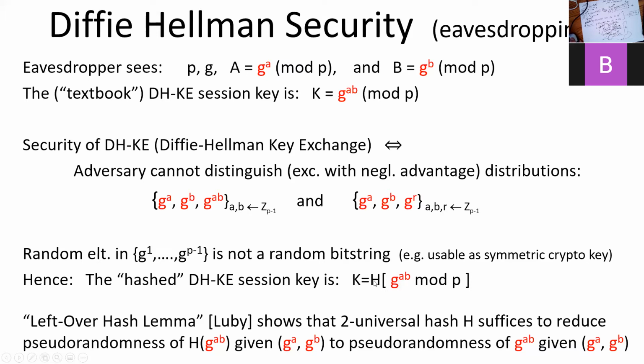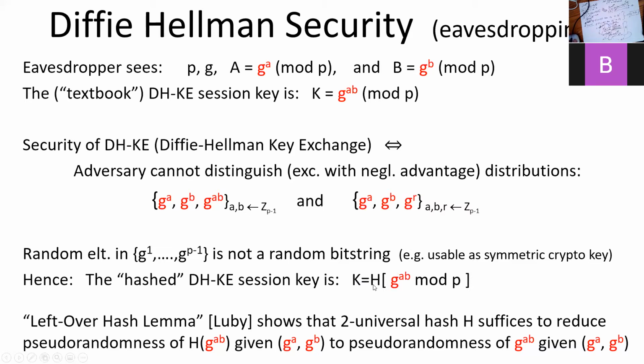If the hash had no collisions at all between this domain and this range, then clearly a random choice here, through a one-to-one function, gives you random outputs here. But hashes have collisions. It's just that they are collision resistant.